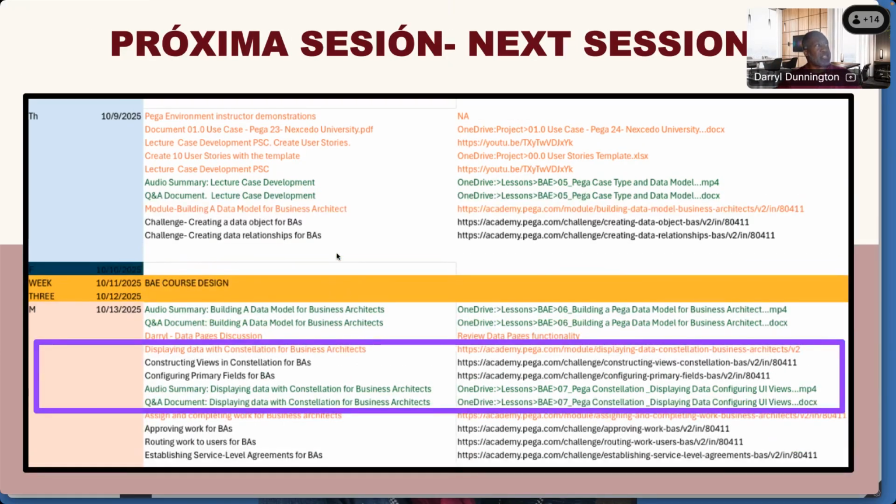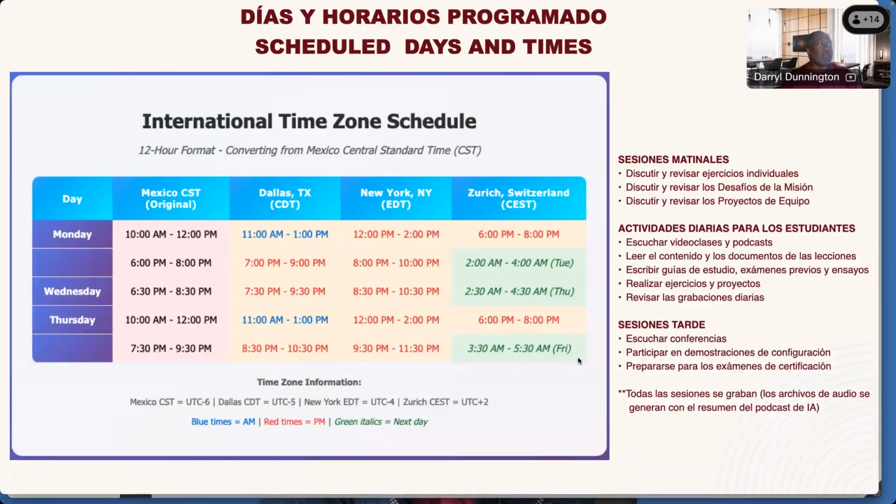For our next session, that will be Wednesday, we will talk about the UI. We call it Constellation. If any of you are familiar with React, React is a UI technology that many people use. Pega has integrated React into their UI. They call it Constellation. And so I'll give you an outline of that.